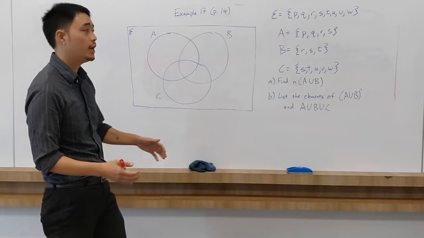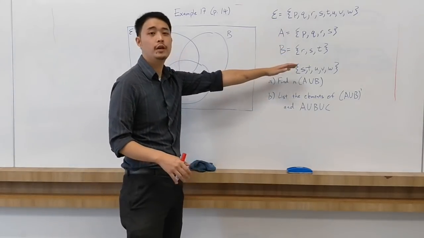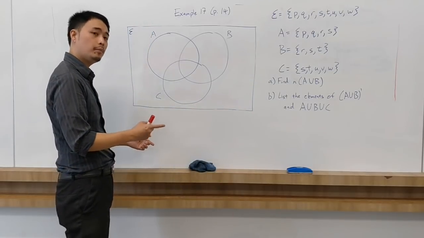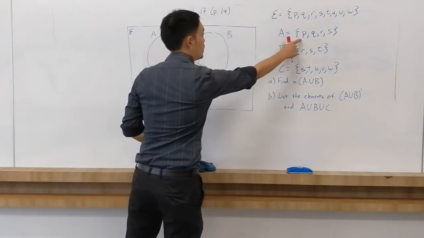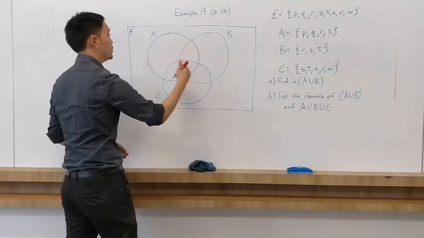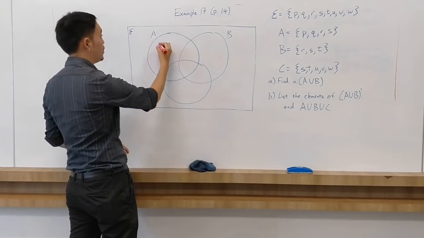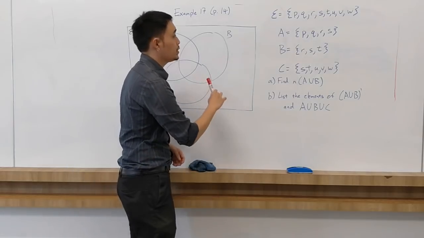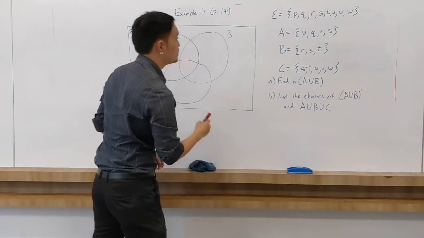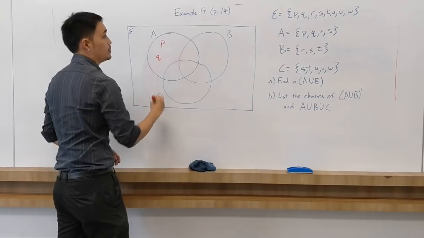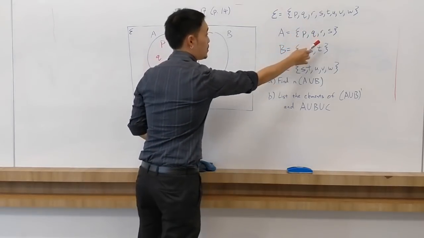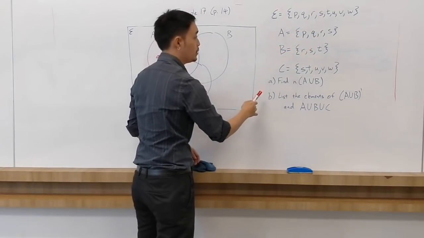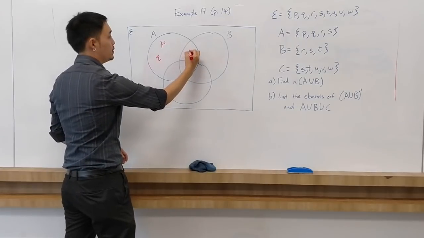When I draw a Venn diagram, what I want to do is go through all the elements and see which sets they are a part of. So in this case, element by element, let's start with P. Well, P looks like it's only a part of A, so let's put P in A. Let's look at Q. Q is part of A and nothing else. We've got R, and R is part of A. It's part of B also. So it should be right here.